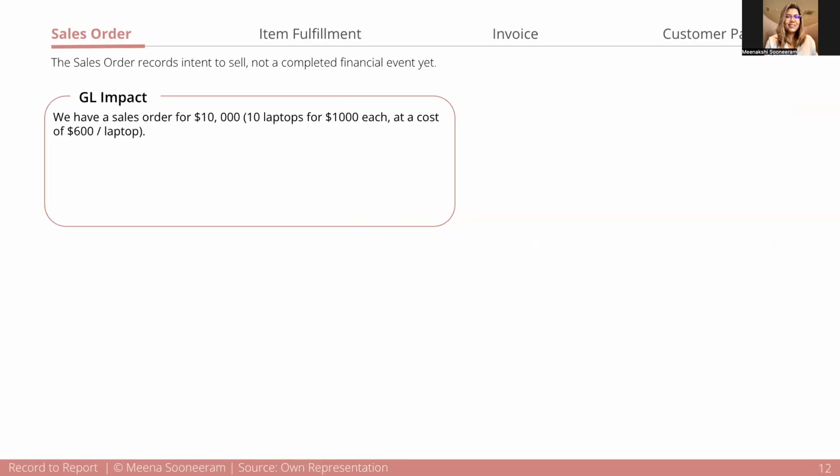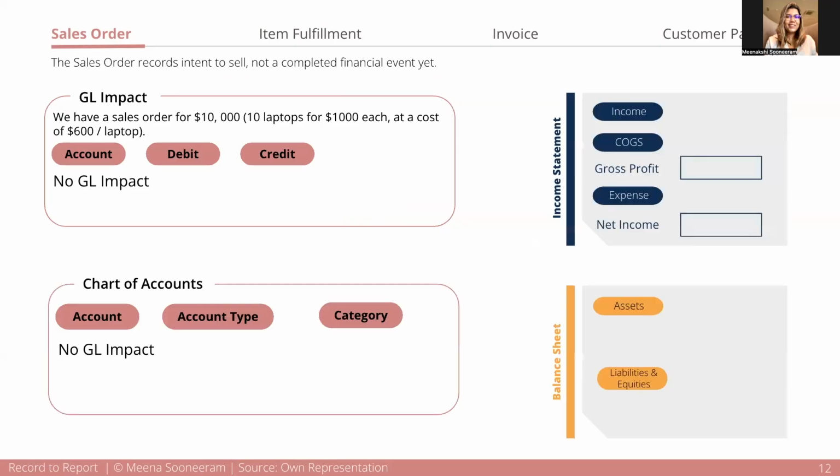We have received the customer order, but we haven't delivered the laptops and we haven't billed the customer yet. So at this stage, there is no GL impact whatsoever, with nothing hitting our income statement nor our balance sheet. The sales order is essentially telling NetSuite this is what our customer has ordered, nothing else.